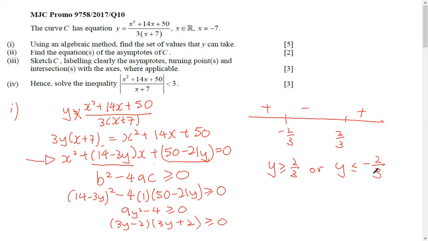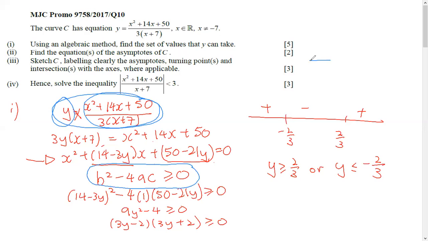Actually, why are we doing this? The importance of this method actually lies in this step. When we start from the first part, what we are saying is that we are equating a horizontal line y to my equation.